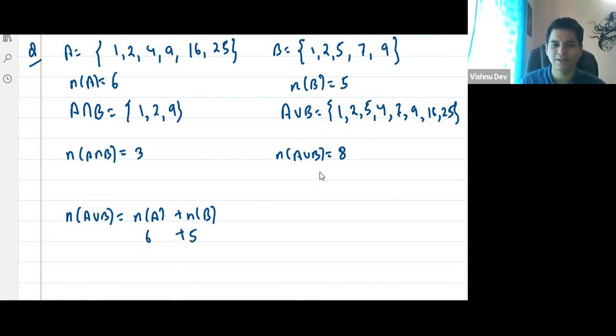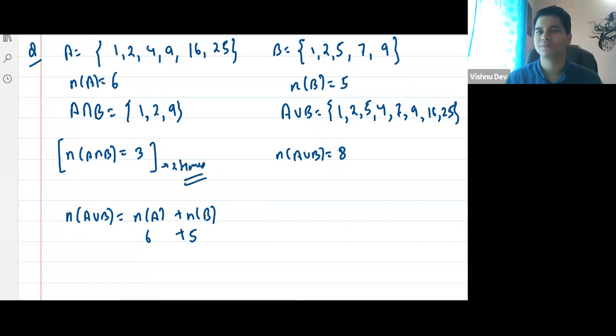When you're adding this and this, you're actually adding 1, 2, 9 two times. Agree? Everyone is clear?